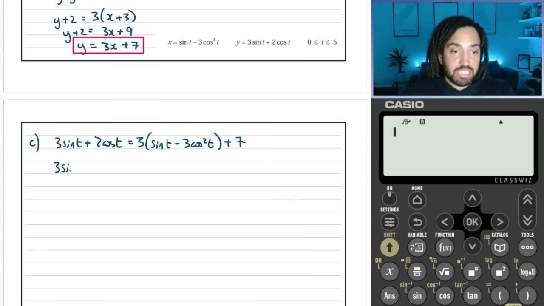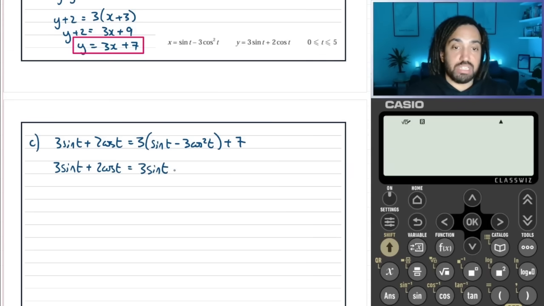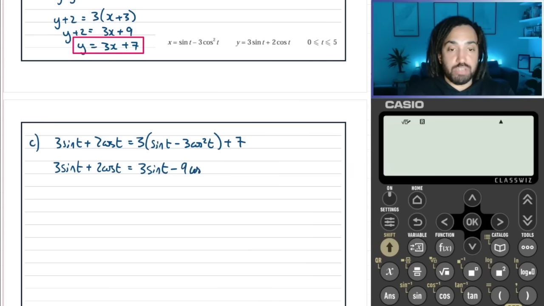So let's expand this out, and I can see already that the sines are going to cancel, which is great because it's going to leave us just in terms of cos, which is exactly what we need to show.